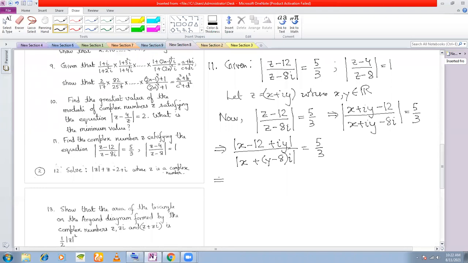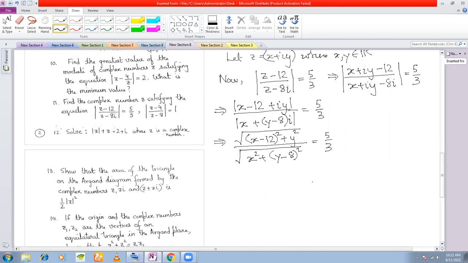So now the modulus of this will be how much? Root of (x minus 12) square plus y square, divided by root of x square plus (y minus 8) square, is equal to 5 by 3. Square both sides to remove the radical.